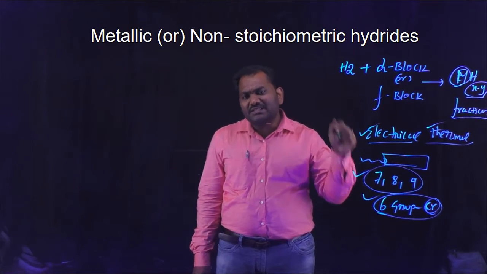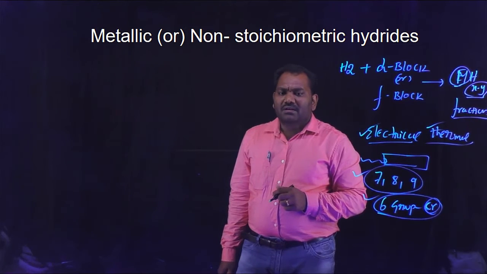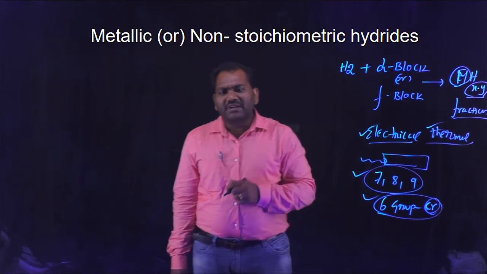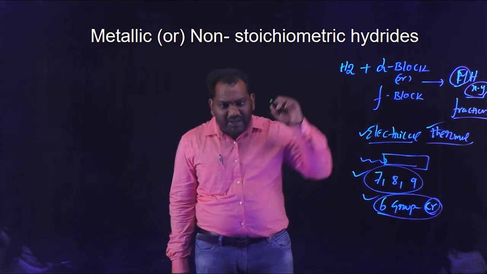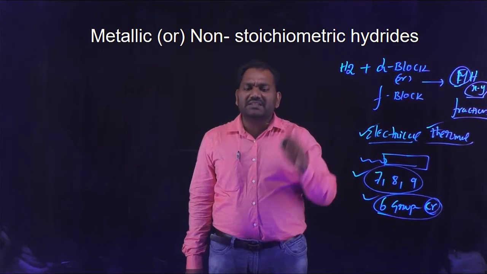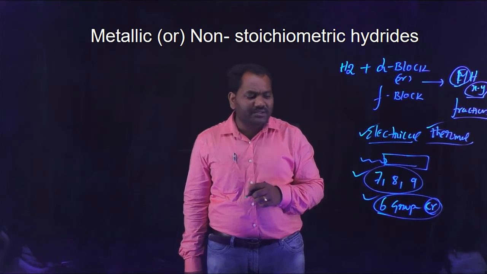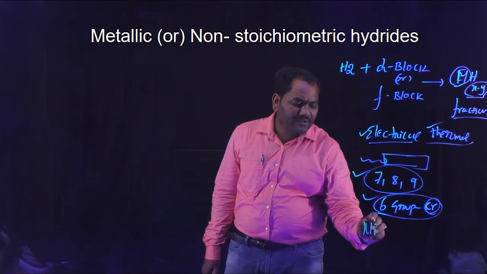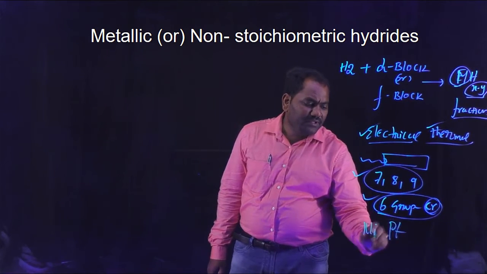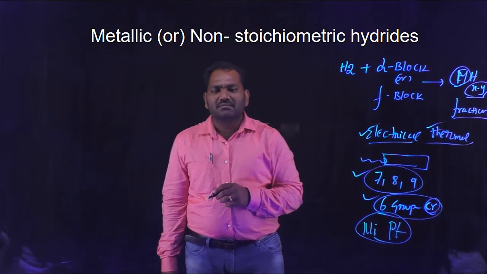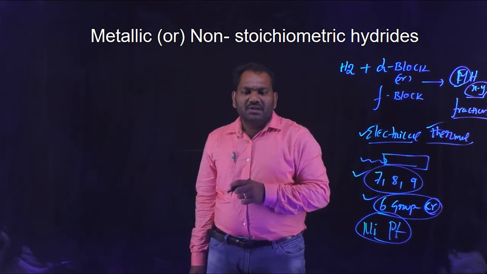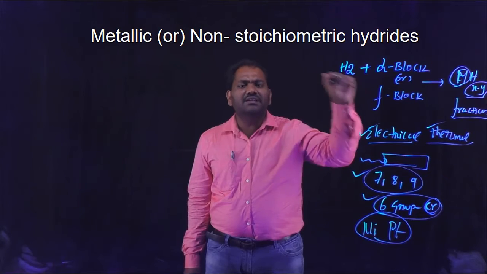And these f and d block elements are able to absorb a large percentage of hydrogen, like nickel and platinum. Already I told you, hydrogen is the best energy source.